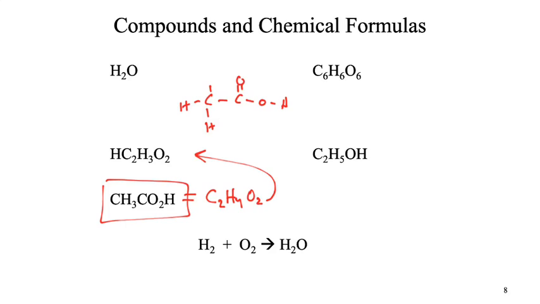CH3, which is then connected to a carbon that is connected to two oxygens that is then connected to a hydrogen. So by changing how I organize those letters, I can get different structural information.